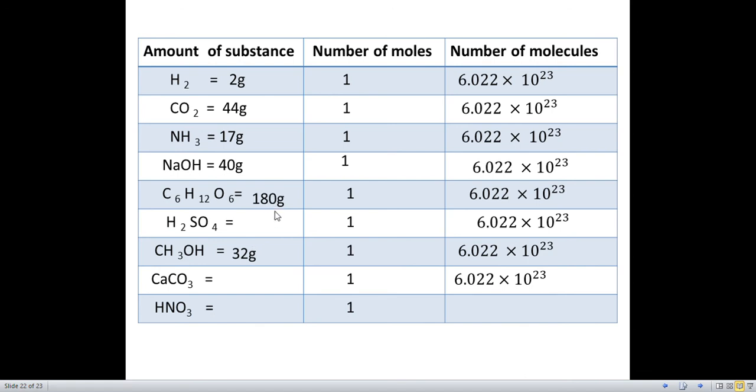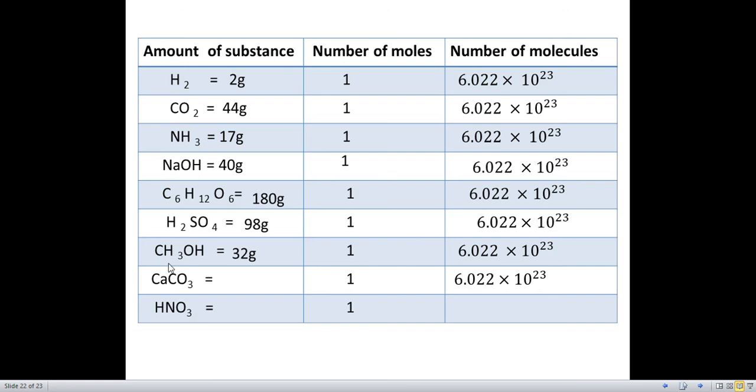If you take 180 grams, the number of moles 1, same number of molecules. Sulfuric acid: hydrogen 2, sulfur 32, oxygen 16 times 4, 64, all together 98 grams, number of moles 1, number of molecules the same number.